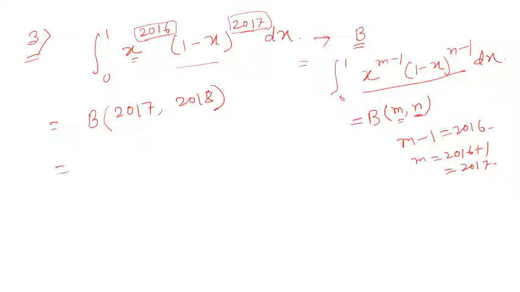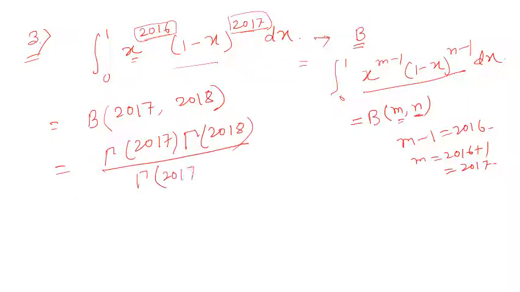So beta of this, now I am using the relation between gamma and beta function, right? What was the relation? Gamma of 2017 gamma of 2018 divided by gamma of 2017 plus 2018, right?